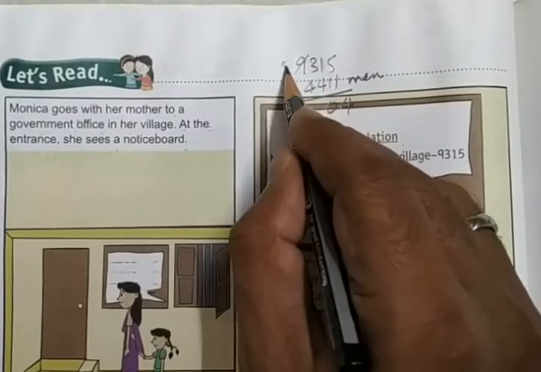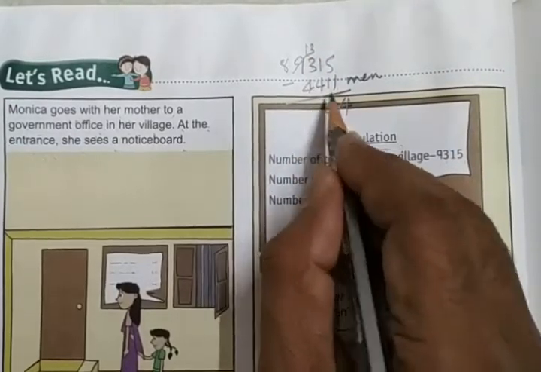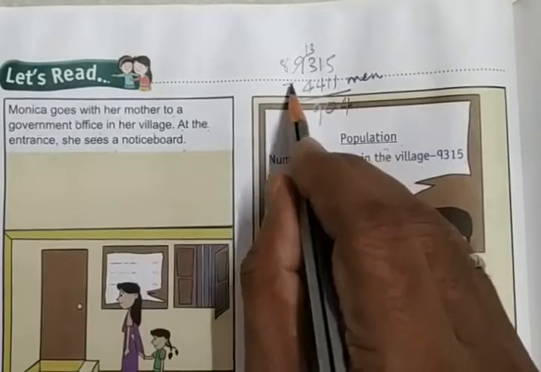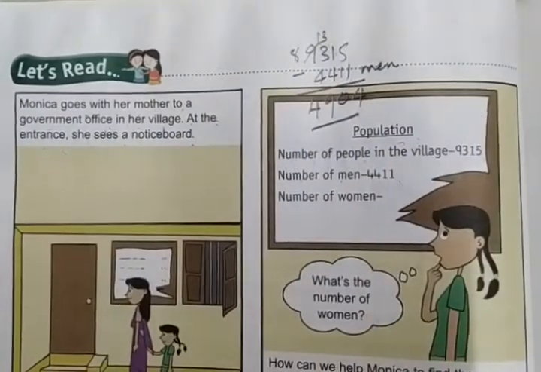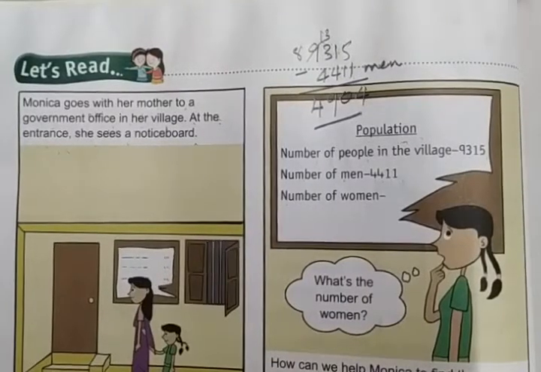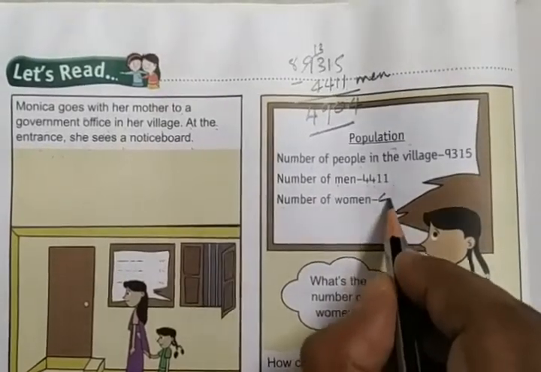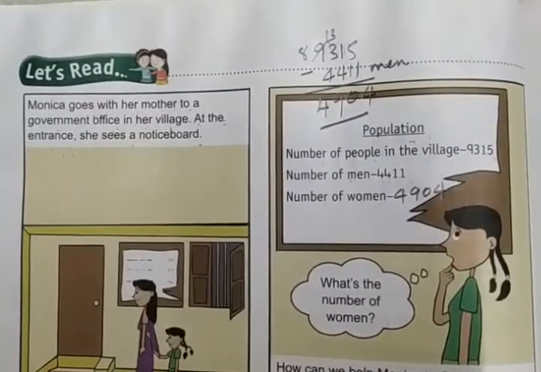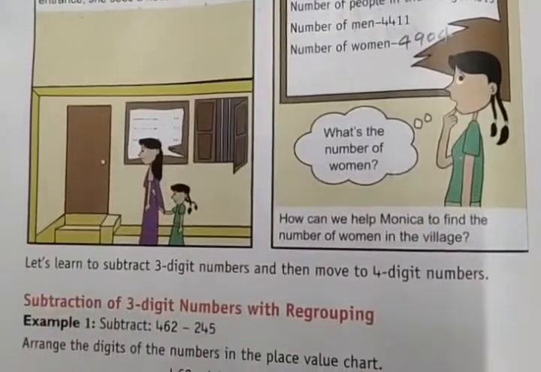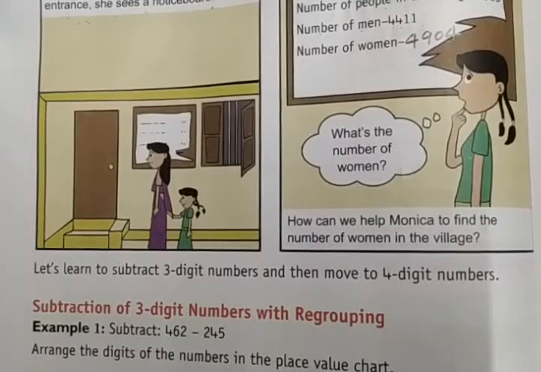This will become 8 and this will become 13. 13 minus 4 is 9. 8 minus 4 is 4. So 4,904 is the number of women in the village. 4,904 people are women, right? So this is how we can help Monica find the number of women in the village.